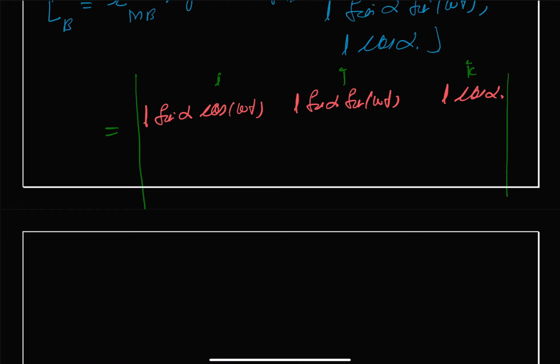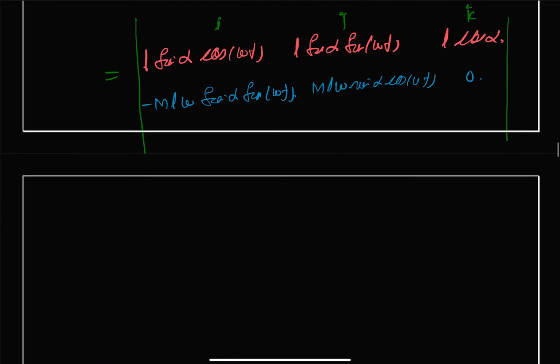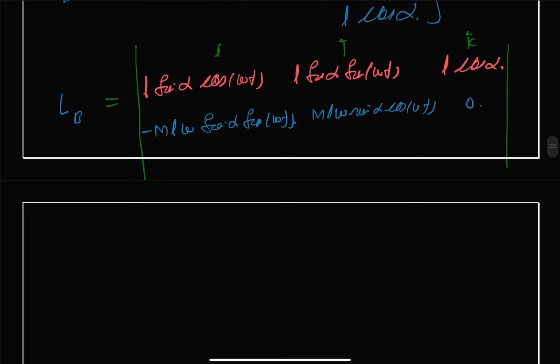And here we get this as minus ml omega sine of alpha sine of omega t, and this will be ml omega sine of alpha and cos of omega t, and this will be 0. And we can say this will be our angular momentum LB.